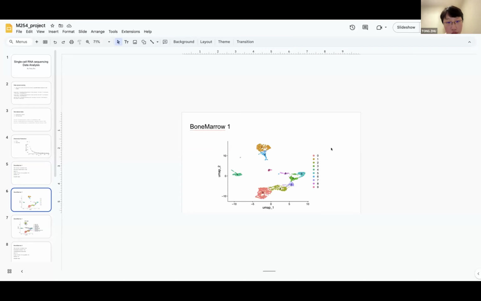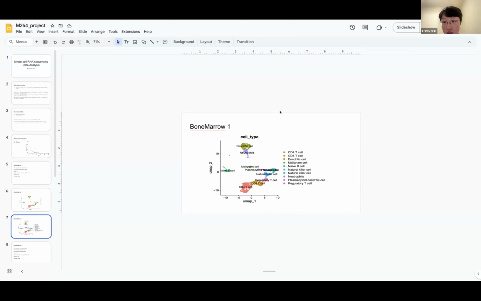So for the bone marrow one, we have a total of 10 clusters, and for each of them, I chose the top 5 markers to help me identify what kind of cells they are. So here's the result.